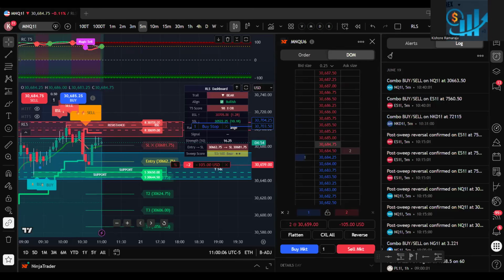When you use TradingView with the indicators, your brokerage can be anywhere.